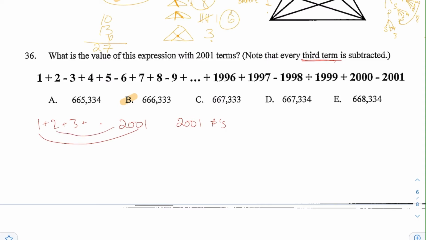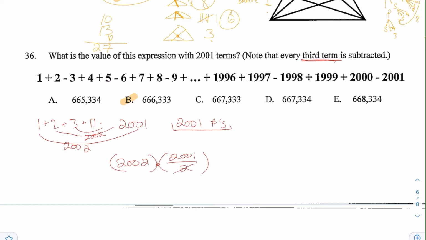And when you get to the pairing, each of these pairings is 2004. Or sorry, 2002. So because you have 2001 numbers and each pair is 2002, you take 2002 multiplied by the number of numbers and divide by 2, because there'll be one number in the middle, but in terms of the average, you just divide by 2.